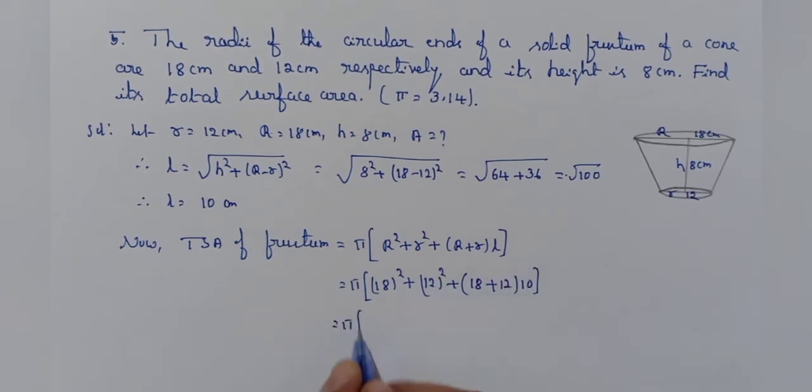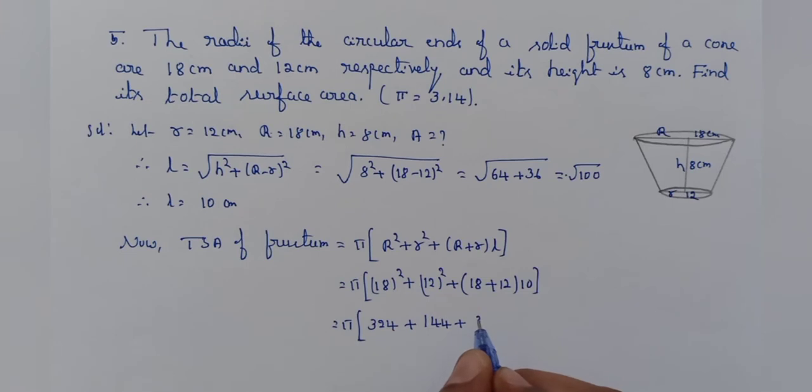Next, 18 square is 324 and 12 square is 144. 18 plus 12 is 30. 30 into 10 is 300.